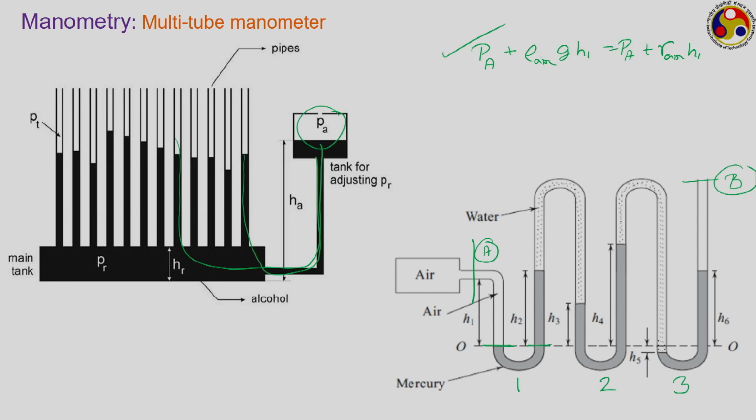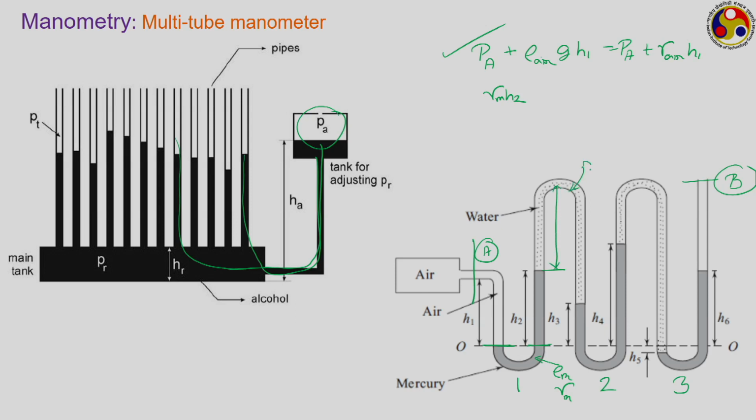However, how much is the value of this? If this is your manometric fluid having a density of rho m or gamma m as rho m into g, then we have a column of height H2 of this manometric fluid, giving a pressure corresponding to gamma m into H2, and then we have another liquid column of this height.